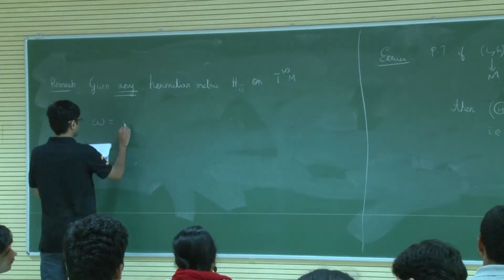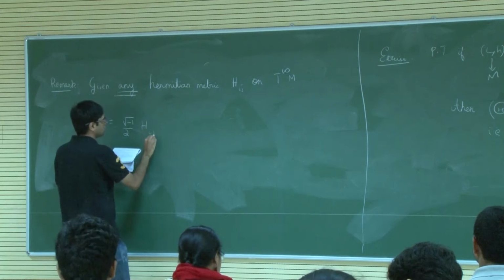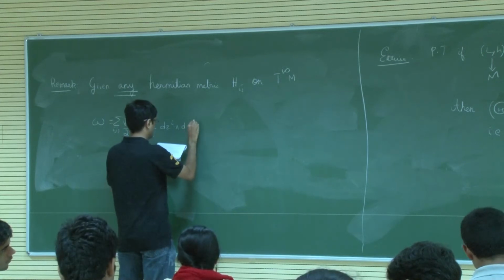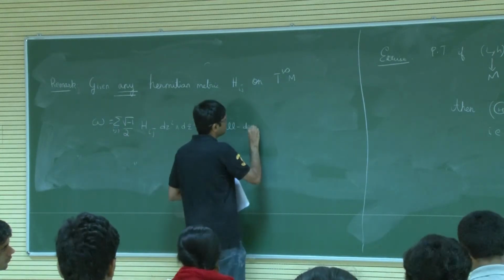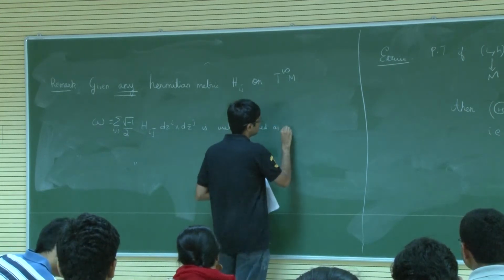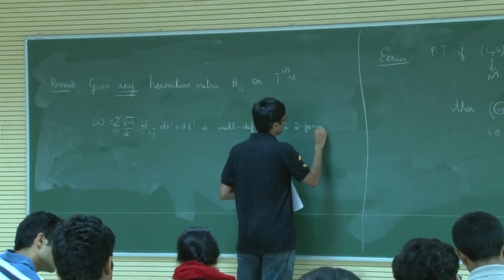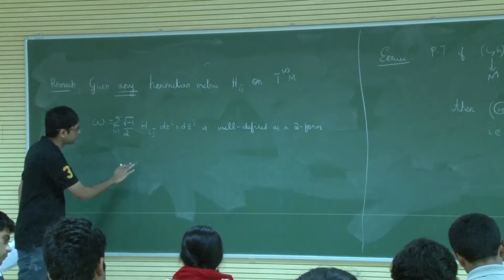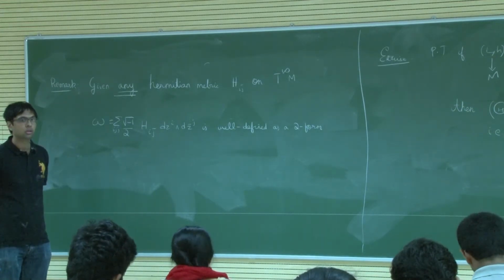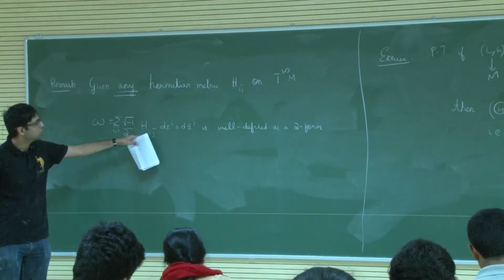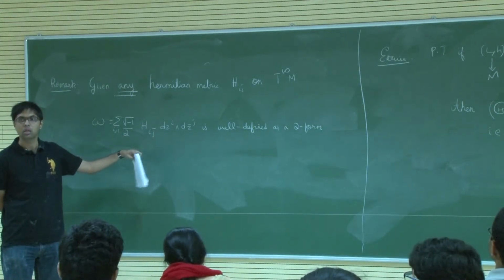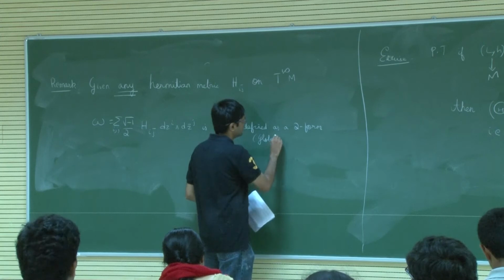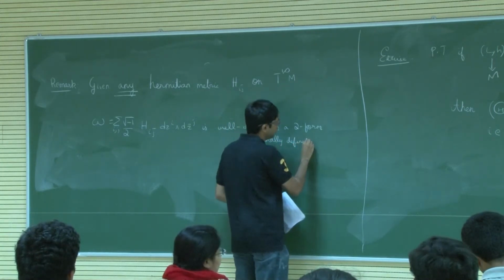This 2 form omega is well defined as a 2 form. What does it mean? It means that if I change my coordinates, I get the same thing back. Basically, it's a globally defined 2 form. Not just any old 2 form, it's a 1-1 form.